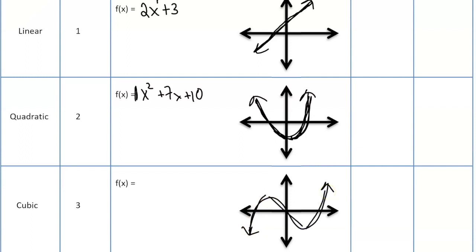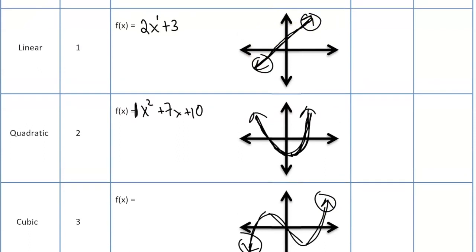Okay, and if it's a positive cubic function, its end behavior, its arrows are going to resemble the same end behavior as a linear function. You're going to have something in which you terminate in quadrant 1 and quadrant 3. Not terminate, but it extends through quadrant 1 and quadrant 3. So an example of a cubic function could be x cubed plus 2x squared minus 7.